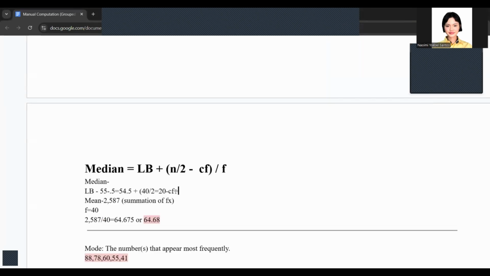CF will be equal to 13. And then close parenthesis divided by frequency, which is 8.